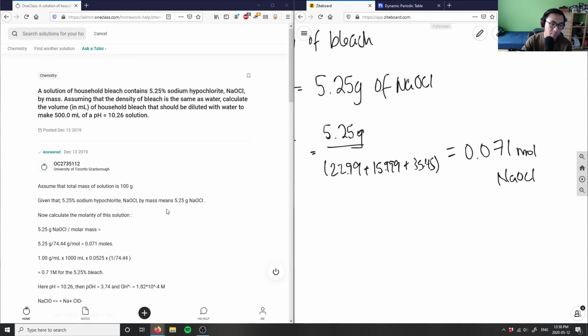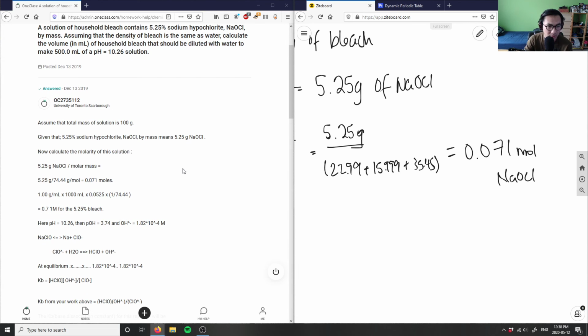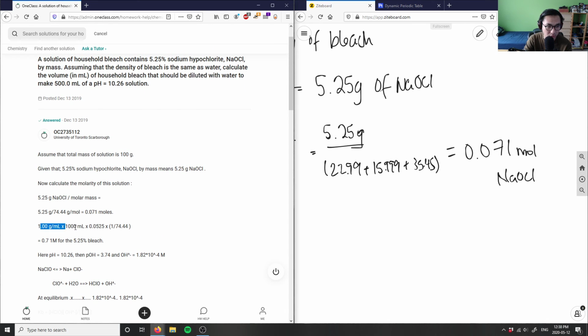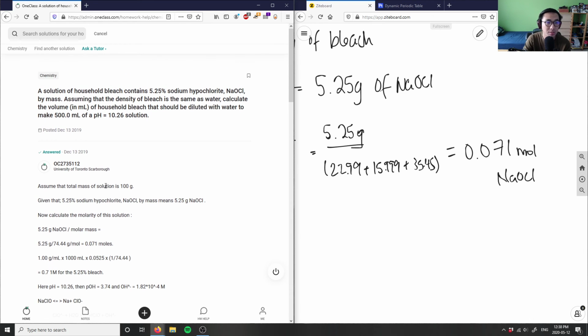So let me look at the solution here, and it says 1 gram per milliliter, which is the density of water, times 1,000 milliliters times 0.0525, which is the percent of hypochlorite, multiplied by 1 divided by 74.44. And I'm assuming 74.44 is the molar mass of sodium hypochlorite.